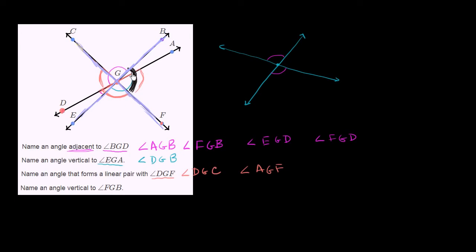The one in question, FGB, has two angles that are adjacent to it, sharing a common ray, and then the vertical angle is the one that sits on the opposite side. So this angle right over here, which is angle EGC, or you could also call it angle CGE. So angle CGE.